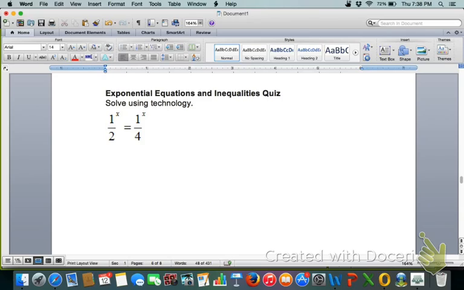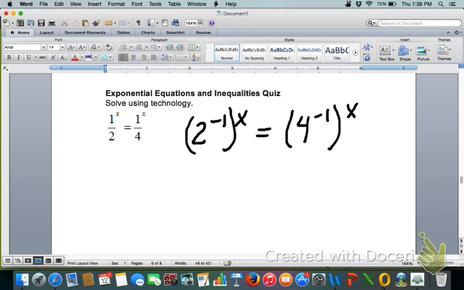Alright, so if I'm doing this algebraically, if I see 1/2, I know I can write that as 2 to the negative 1. So it would be 2 to the negative 1 raised to the x power equals, and 1/4 would be 4 to the negative 1 raised to the x power. Now I need the same base, so I'm going to rewrite 4 as 2 squared.